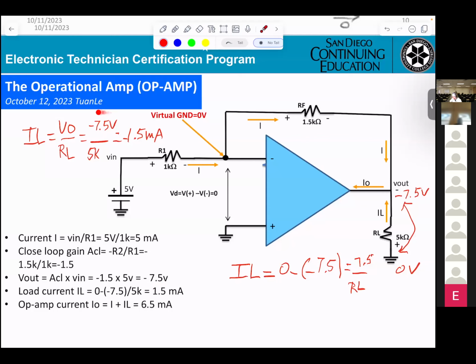If you calculate the other way, you get negative current. Current cannot be negative. It has to be positive. This shows you how to get the positive.